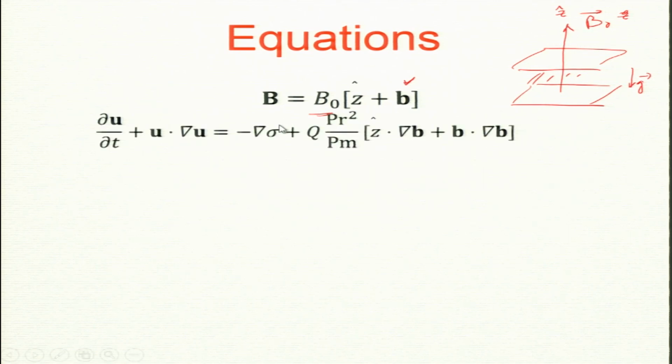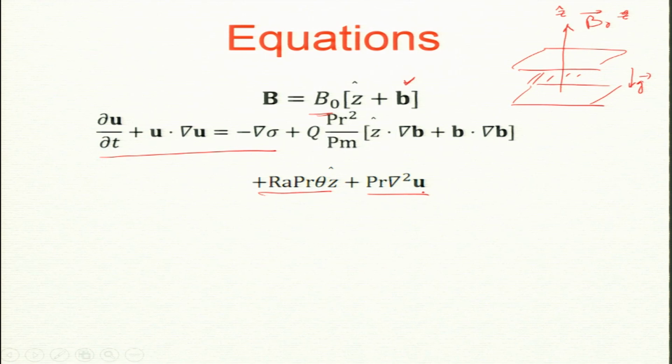So the equation is now very similar to what we had before. Let us put all the terms. You are familiar with these three: pressure gradient, this one, and this one also. So what is new? This term and this term I will not derive now, but we will do it a bit later when we do MHD.